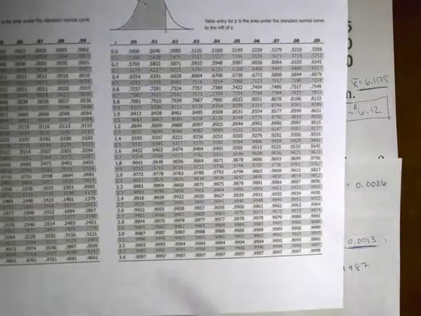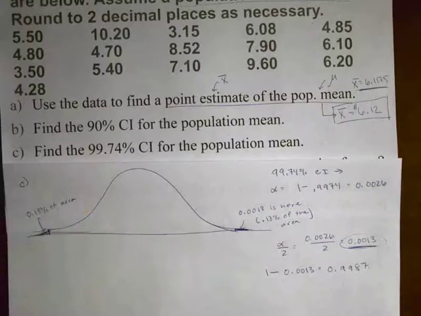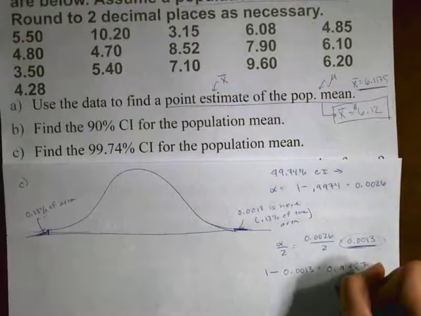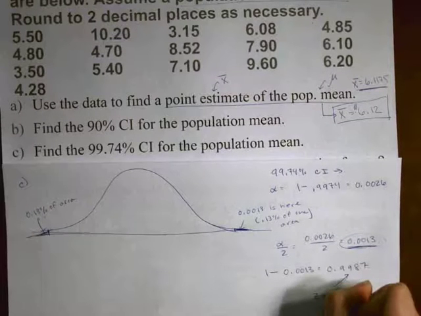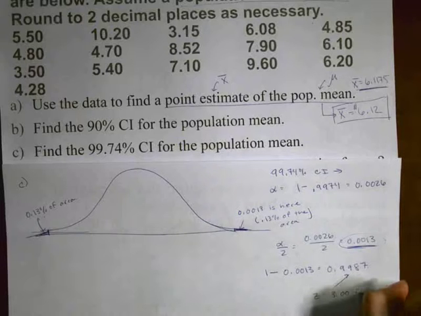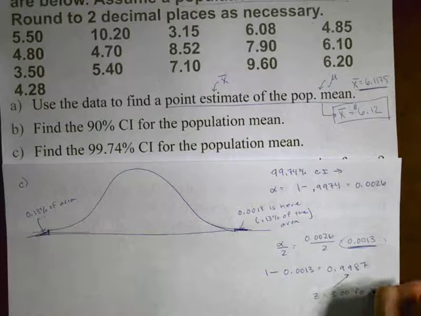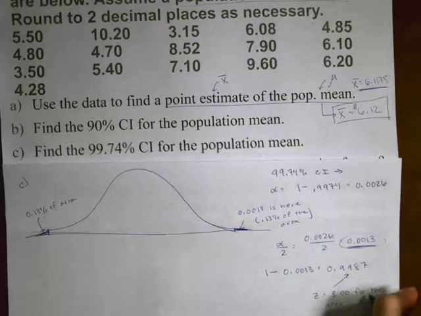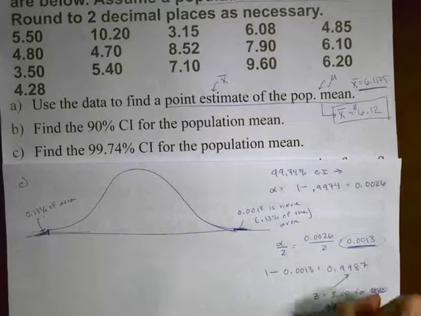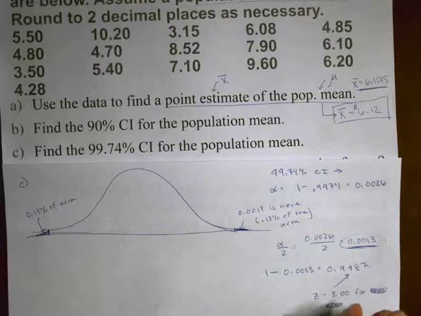Then I come over here and I find 0.9987 right at the value of z equals 3.00. So if I didn't remember that a 99.74% confidence interval was asking for me for 3 standard deviations away from the mean, I would have found it just by looking through here. So here I go and I see that z equals 3.00 for this area.